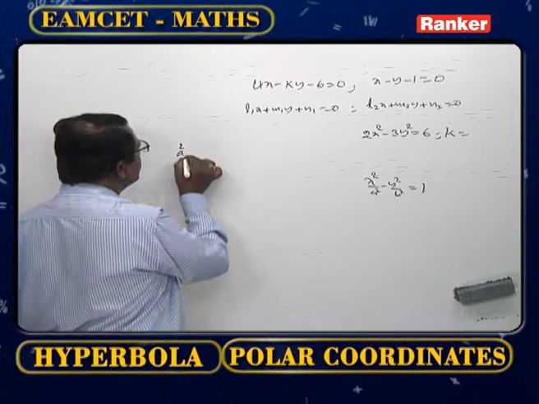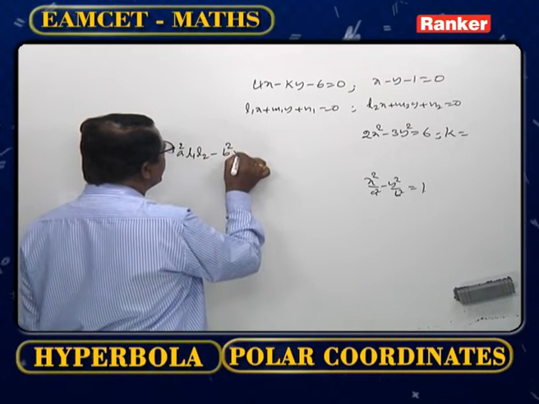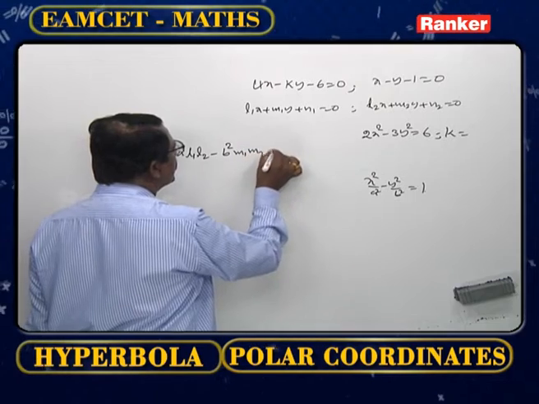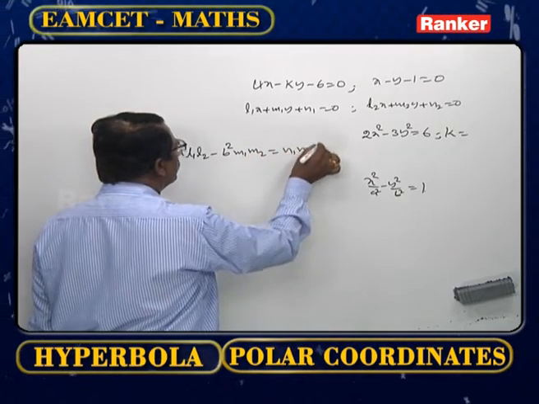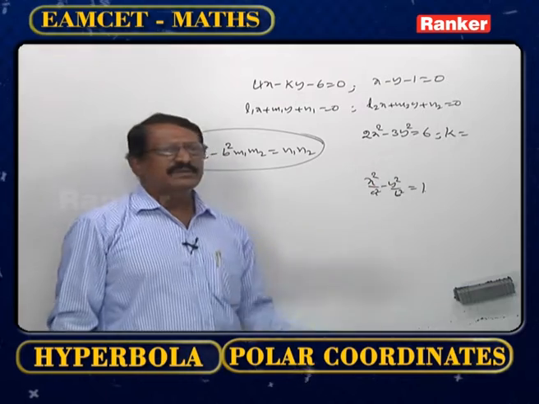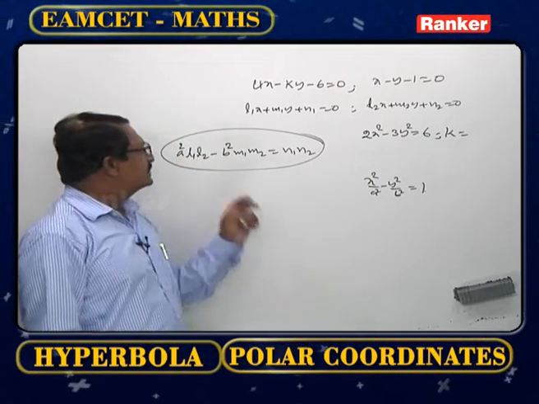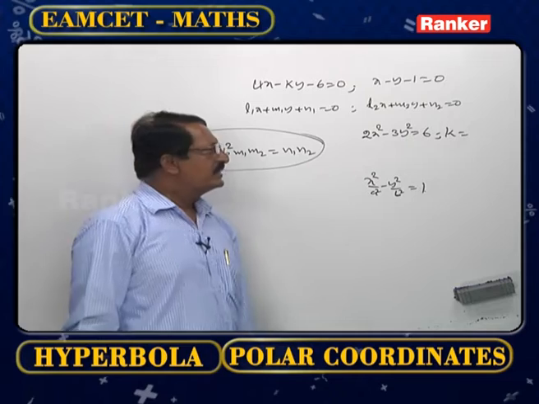If the lines are conjugate lines with respect to the hyperbola, then the condition is a square L1 L2 minus b square M1 M2 equals to N1 N2.